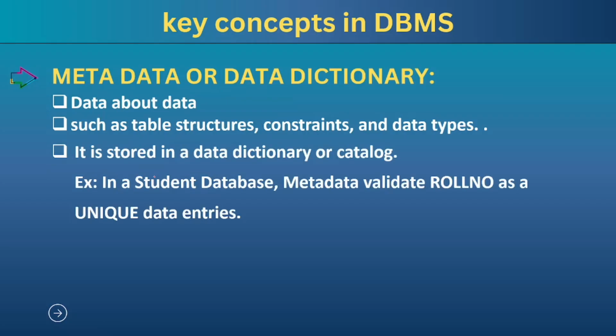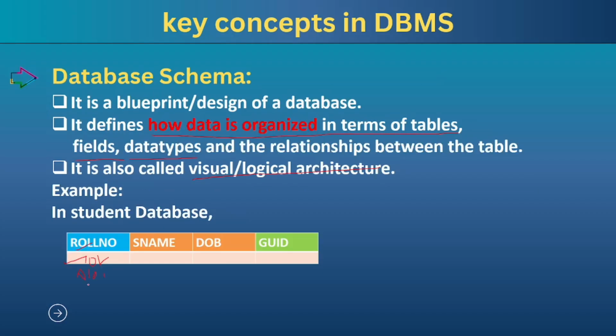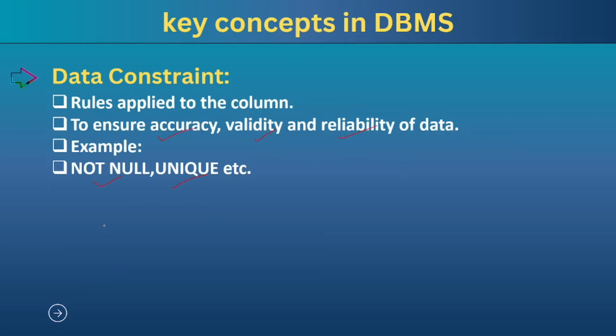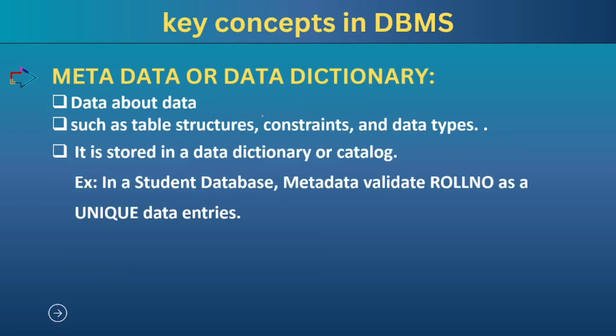Okay, and the next one is metadata or data dictionary. What is the meaning of metadata? Metadata we already discussed in understanding the data, right? It is data about data, such as table structure, constraints. For example, if you take this table, for any of the columns, do you have a constraint and what type of data type it is holding, all this information the metadata will provide.